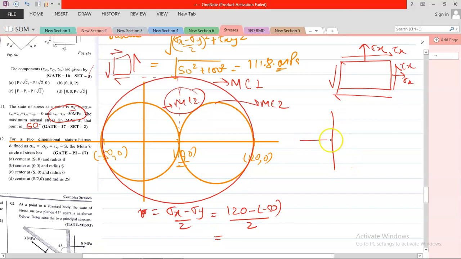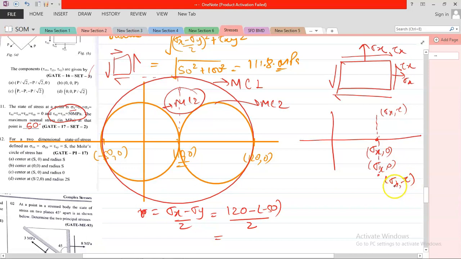You have given sigma x equal on both faces, so these two points will coincide; this is sigma x comma 0 for both. Now this shear is in clockwise direction and this is in anti-clockwise direction, so one point will go up, sigma x comma tau, and one will go down, sigma x comma minus tau.